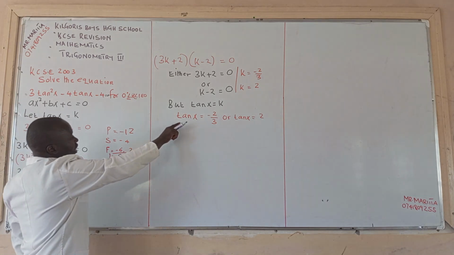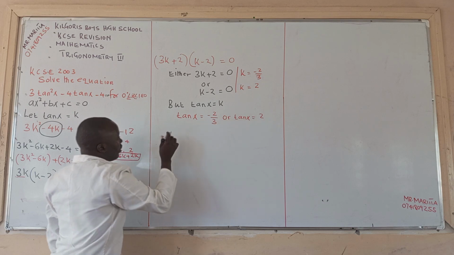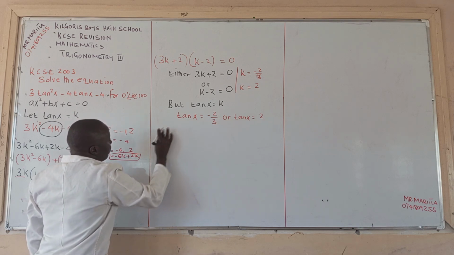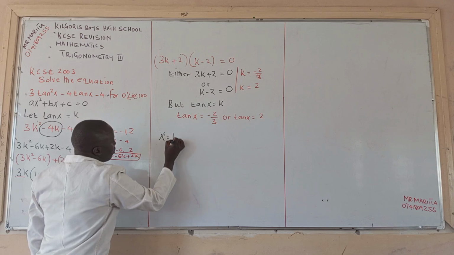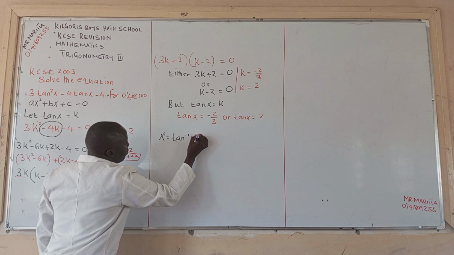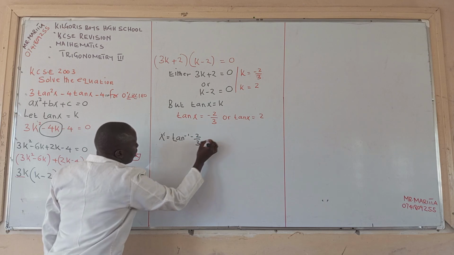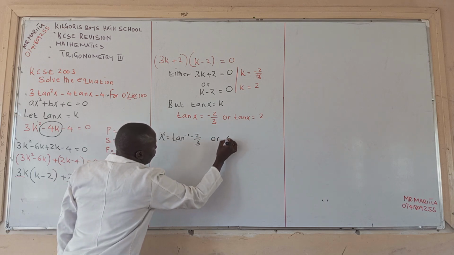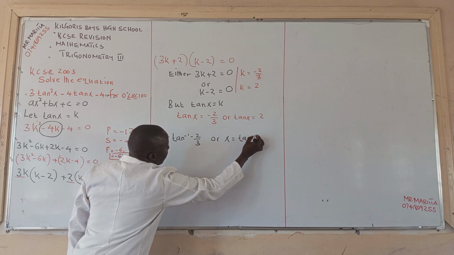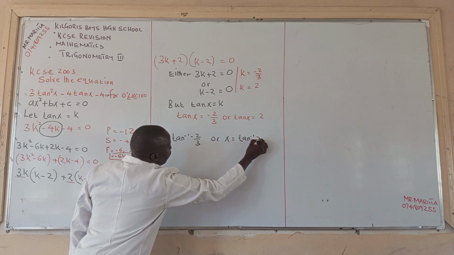Here x is equal to the tan inverse of negative 2 over 3, or x is equal to the tan inverse of 2.